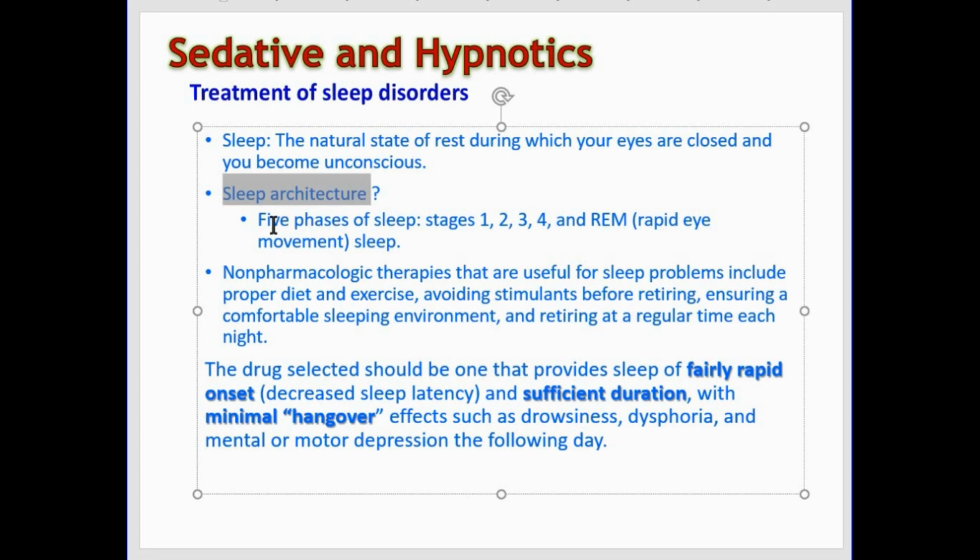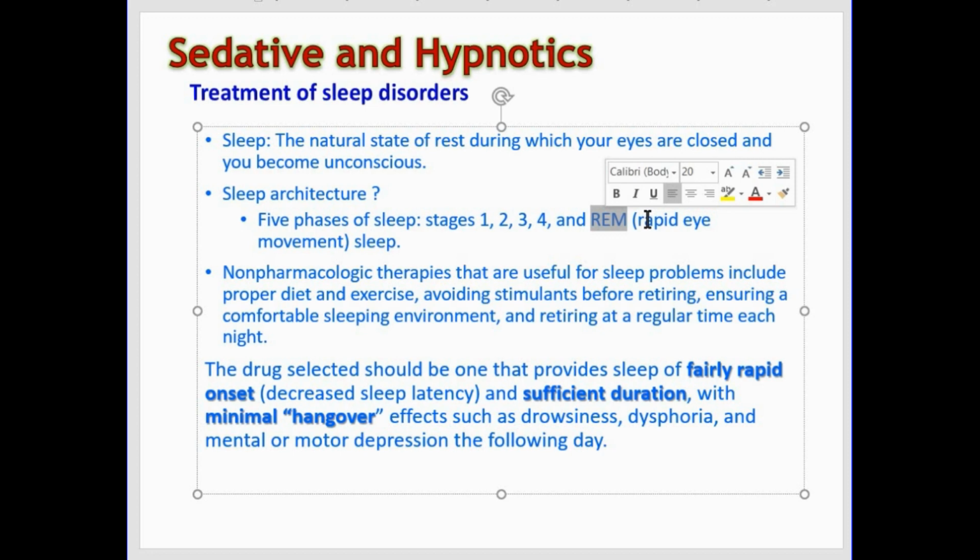In normal sleep, we have 5 phases: stage 1, 2, 3, 4, and then REM sleep, and then we go back again, and again, and again. Stages 1, 2, 3, 4 are called non-REM sleep, and this is where you spend most of your time when you're asleep, about 80% of the time.